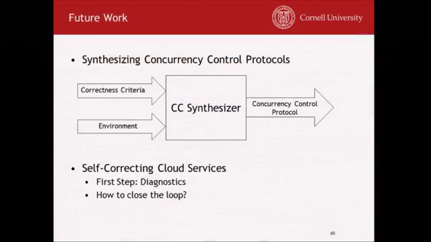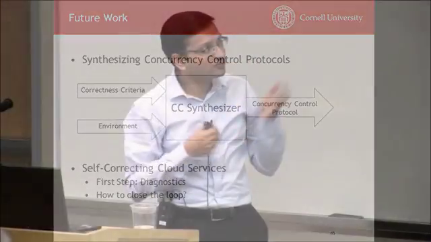So let me mention something about what I plan to do if I get an opportunity here at Microsoft Research. One of the interesting things which I want to pursue is, can we synthesize concurrency control protocols automatically? Assume that you're given a correctness criterion in terms of, let's say, one-copy serializability or view serializability, and you are given some information about the environment, as in what kind of hardware support you have, what is efficient, what is not efficient, some specification of the environment.